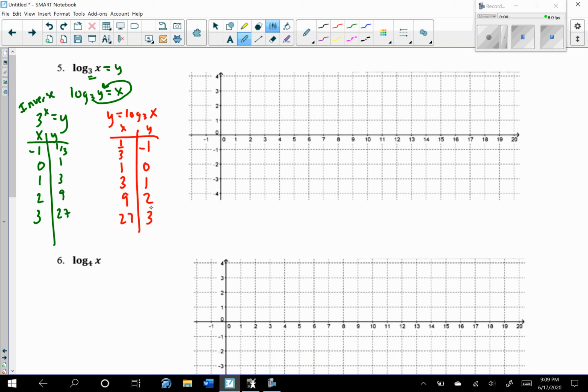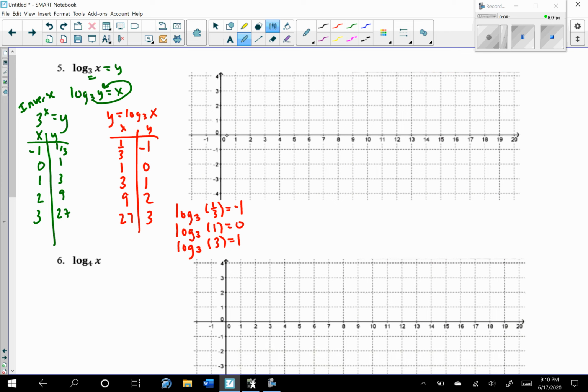So if we were to actually write that out, that would be the log base 3 of 1/3 equals -1. The log base 3 of 1 equals 0. The log base 3 of 3 is equal to 1, etc. And that's because of the exponential form. So 3 to the power of 1 is 3. 3 to the 0 power is 1. So that's what I'm talking about when I say to use the inverse to help you graph this.